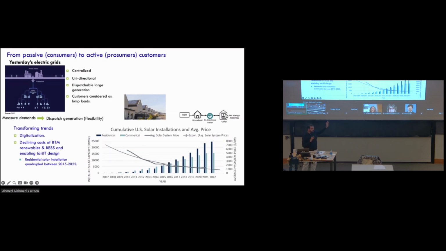For example, between 2015 and 2022, the amount of residential solar installations in the US quadrupled. This is basically driven by declining prices and also enabling tariff design, such as net energy metering, which we're going to explain in the next slide. So that is the second transforming trend.